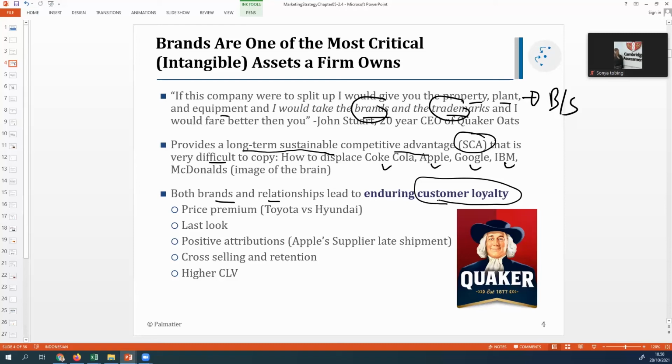What are the dimensions of the brand? You see that there are 5. The first is price premium. We can compare Toyota and Hyundai with the same kind of car, let's say the Hyundai H1 and the Toyota Alphard.